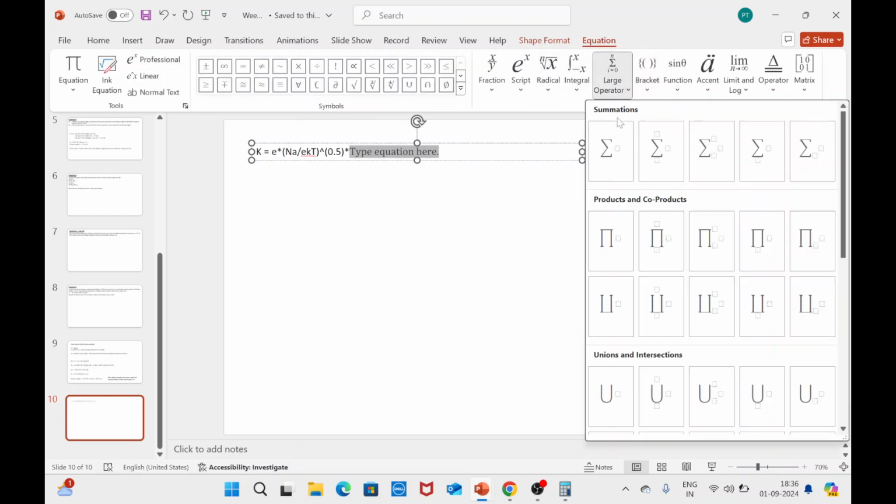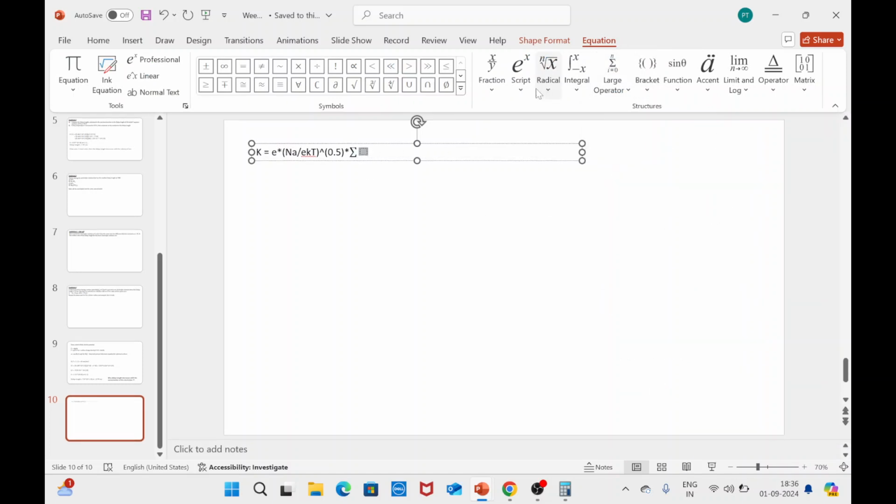So the summation will be Zi square times Ci, right? This Zi square Ci, you can take Zi square outside the bracket.